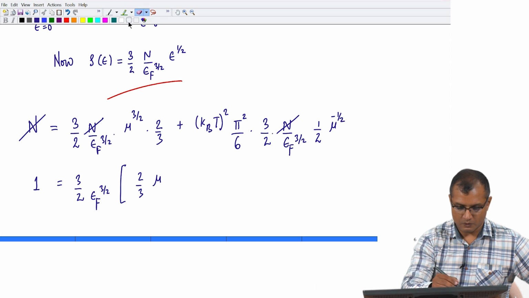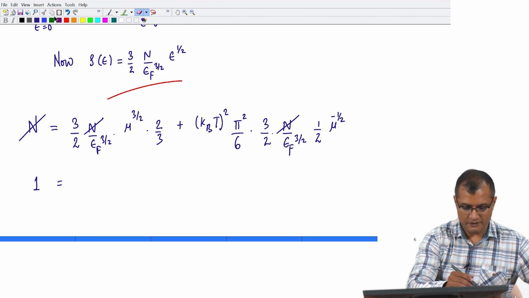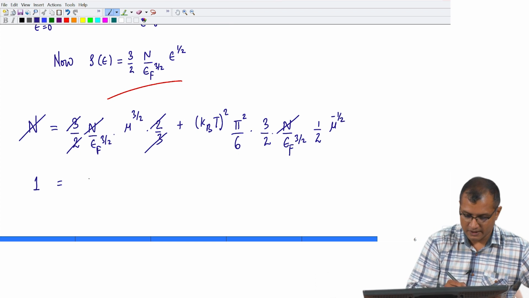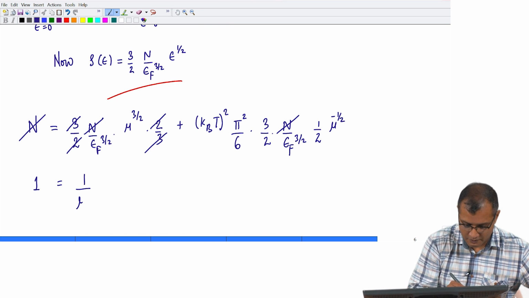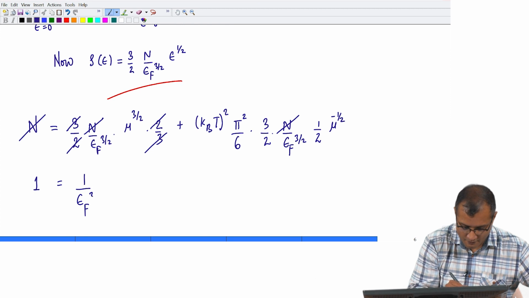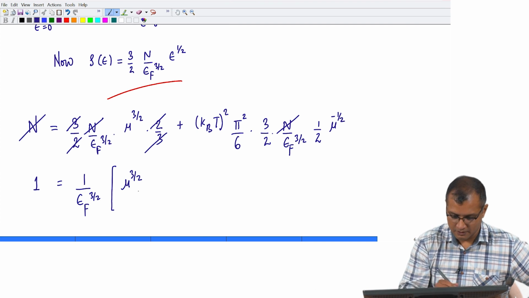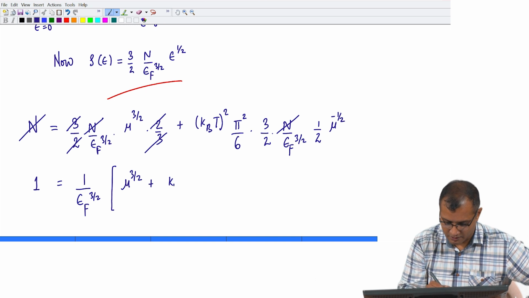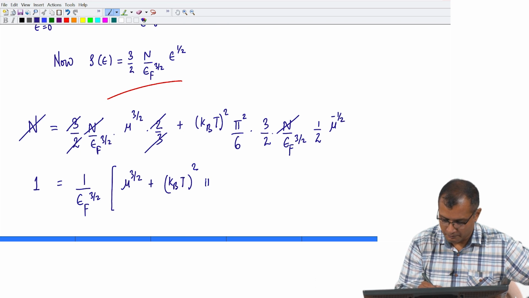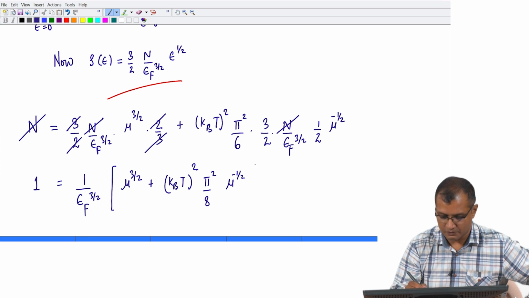In fact you can do one more thing, you can knock off this also, and simply take 1 upon the Fermi energy to the power 3 by 2 common, and what you will be left with is basically mu to the power 3 by 2 plus kBT square into pi square by 8 into mu raised to minus 1 by 2.